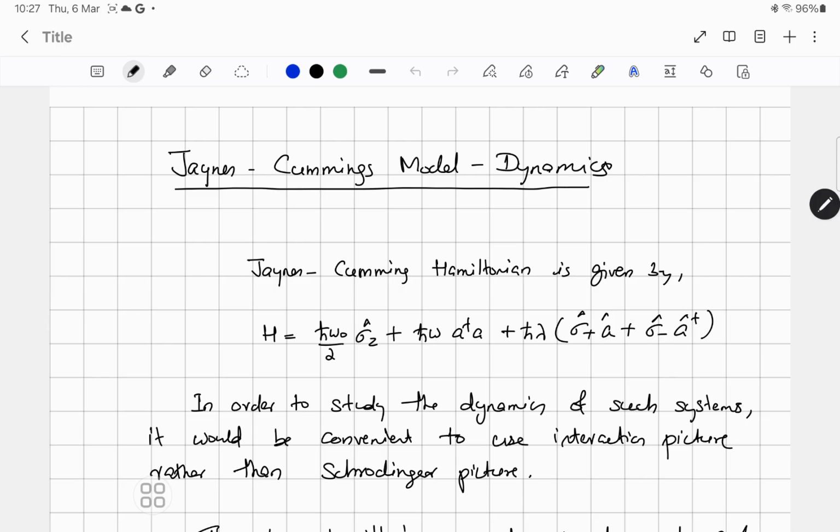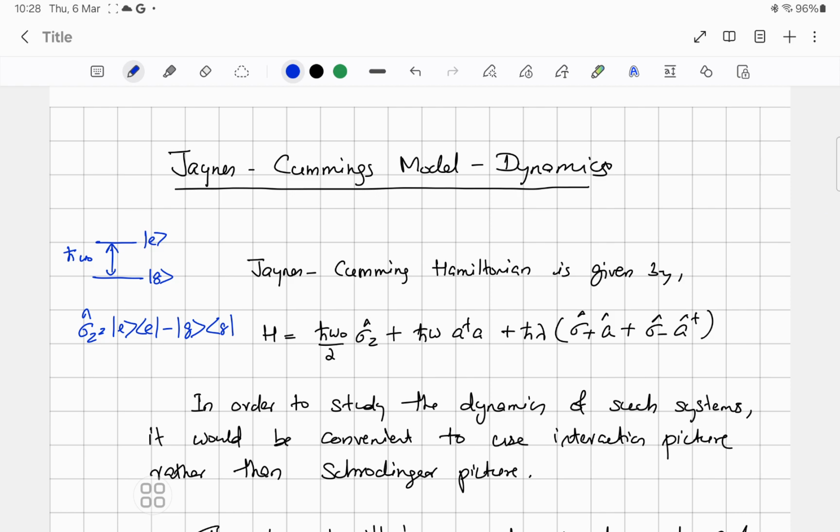Recall that σz is called the inversion operator, which is basically |e⟩⟨e| − |g⟩⟨g|. Remember, |e⟩ and |g⟩ are the two atomic levels, which have the transition frequency ω0. So ħω0 is the energy difference between the ground state and the excited state.